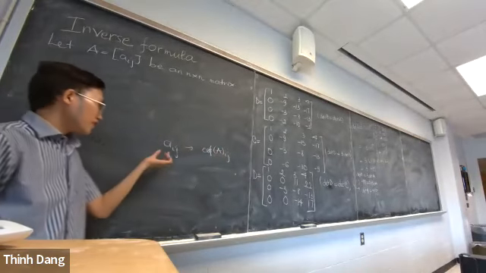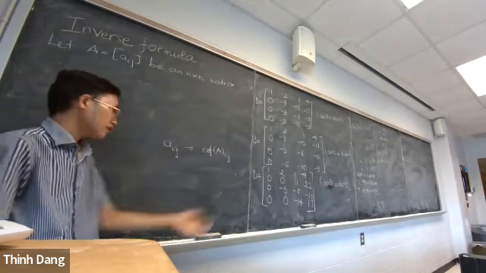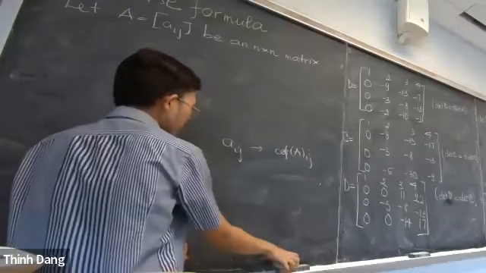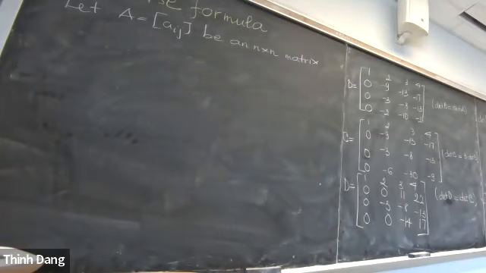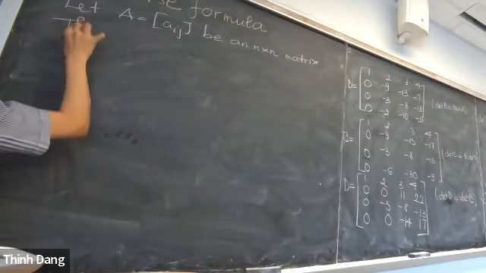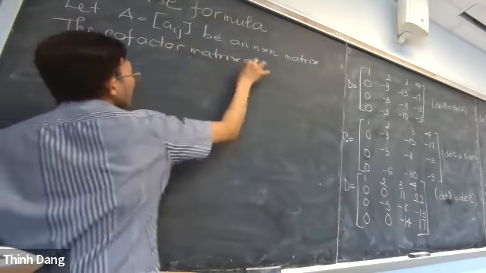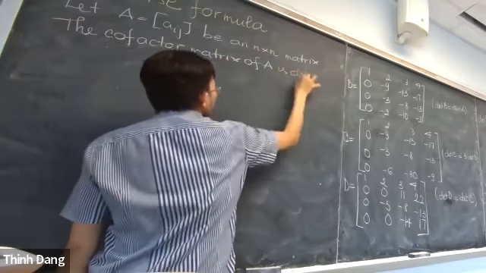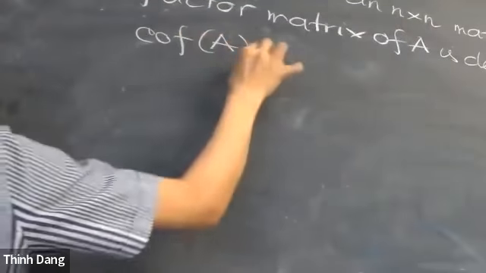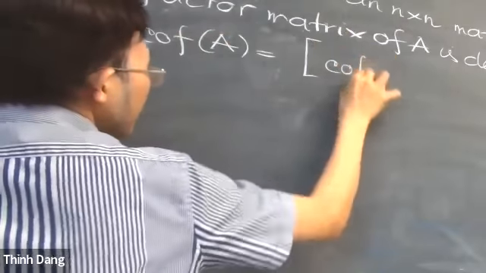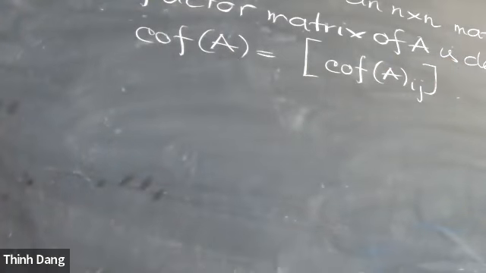Using all of these cofactors, we can construct a matrix called the cofactor matrix of A, denoted cofactor of A, whose entries are simply the cofactors Aij.